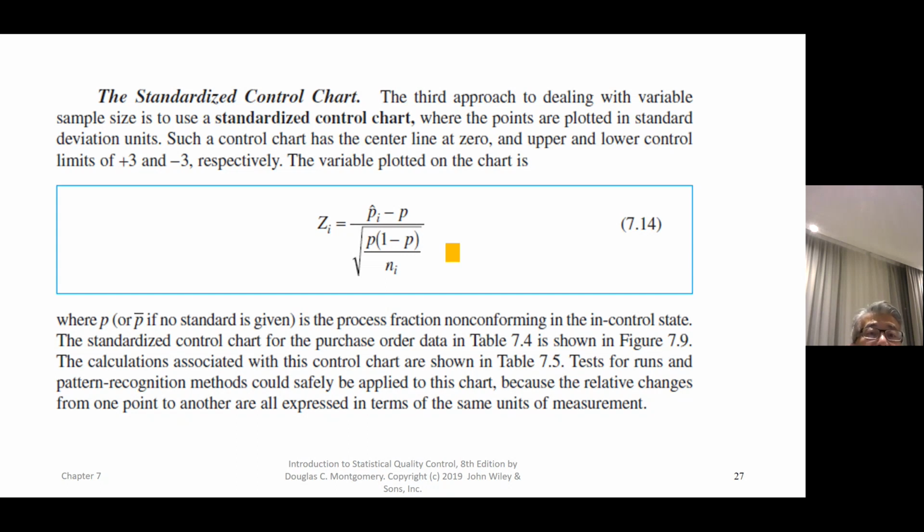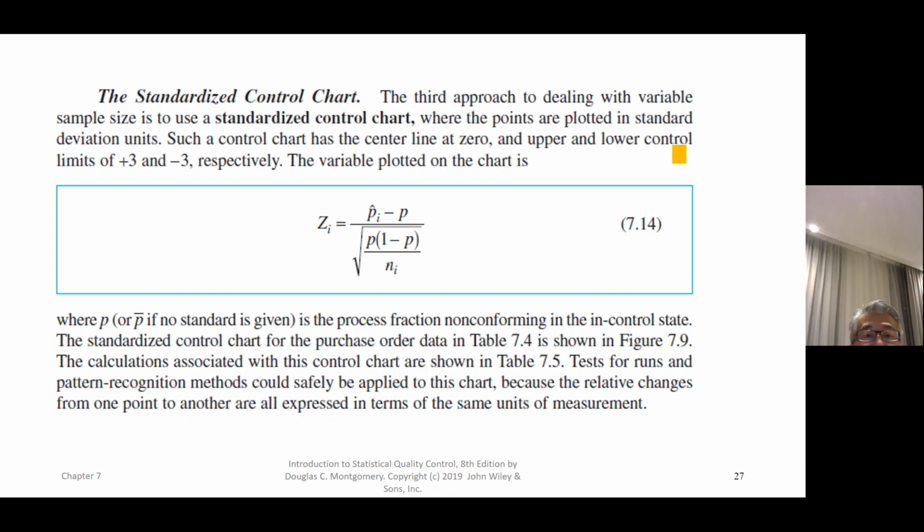Such a control chart has a center line directly on 0, with upper and lower limits at +3 and -3 respectively. The variable plotted on the chart is z_i equal to p_i minus p, divided by the standard deviation, where p, or p bar if no standard is given, is the process fraction non-conforming in the in-control state.